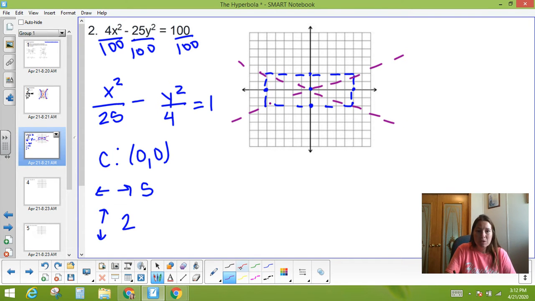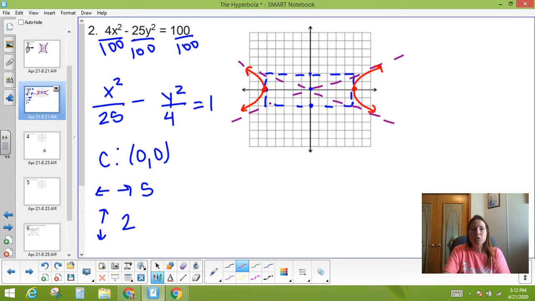All right, so when it comes time to draw the actual hyperbola in, go back to your equation and look. X is first, X is positive, which means we're going to open in the x-axis direction, so left and right. So this is a vertice, hug that asymptote, hug that asymptote. Here's a vertice, hug that asymptote, hug that asymptote.